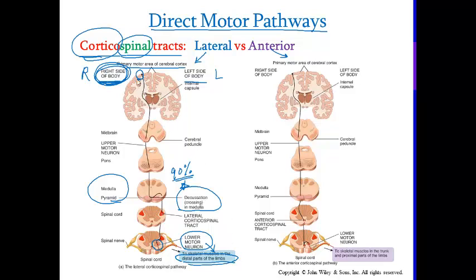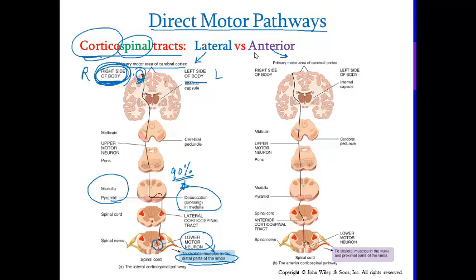So 90% of those will cross over. As a result, your right side of the brain controls, for instance, the majority of the left side of the muscles. Or you can say the left side of the brain controls the right side of the muscles.